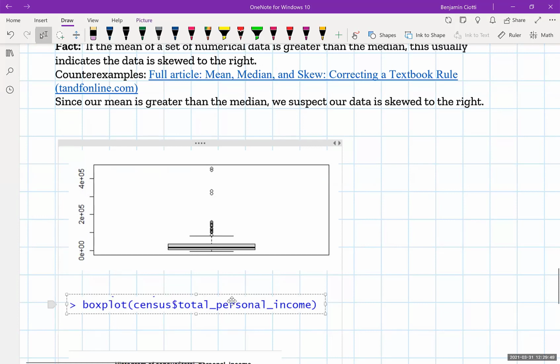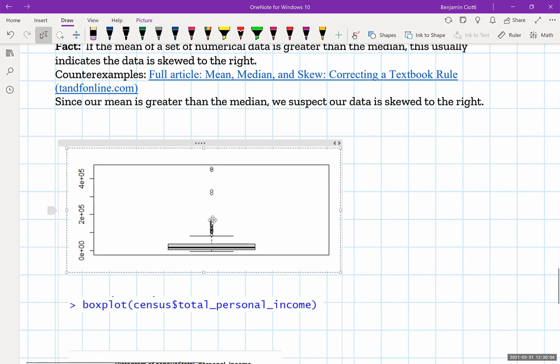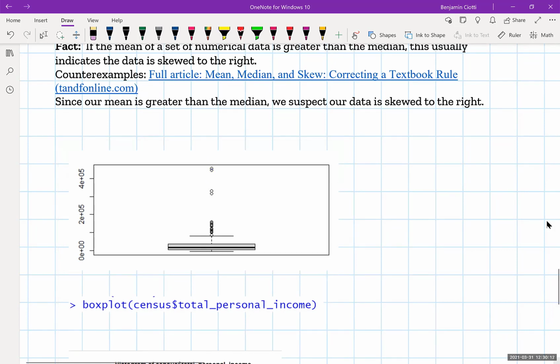I also showed you the command for how to do a box plot in R. Pretty simple. You just use the box plot command and then punch in the column with the variable of interest. And you can see that indeed it has a bunch of outliers above the upper whisker, and the uppermost one at the top would be the one that corresponds to the maximum value that we mentioned.